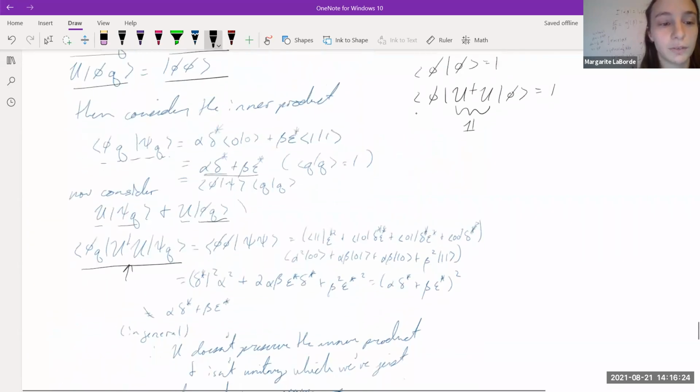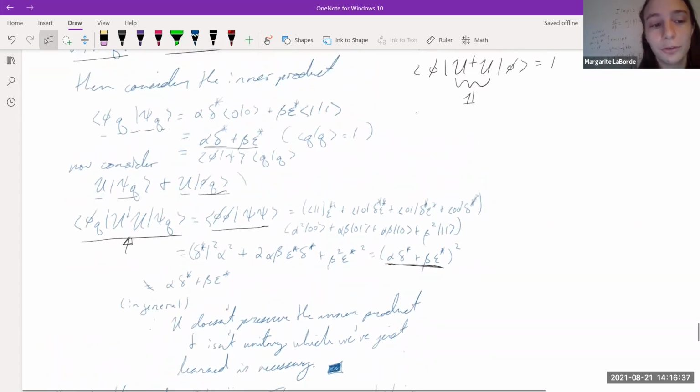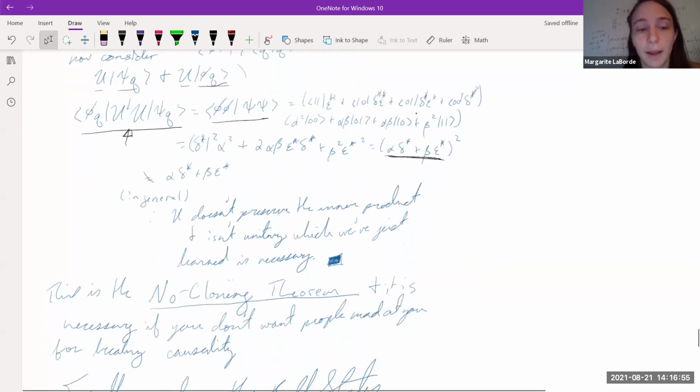So this should be equivalent to what we had before, but if instead we use it to act on the states, we get this guy, and we do a bunch of algebra, and at the end of the algebra, we get this guy, which is equal to the inner product you got before squared, which in general is not the same thing. It is in fact only the same thing if it's equal to 0 or 1. So if your initial states you were considering were perfectly orthogonal or identical, perfectly overlapped.